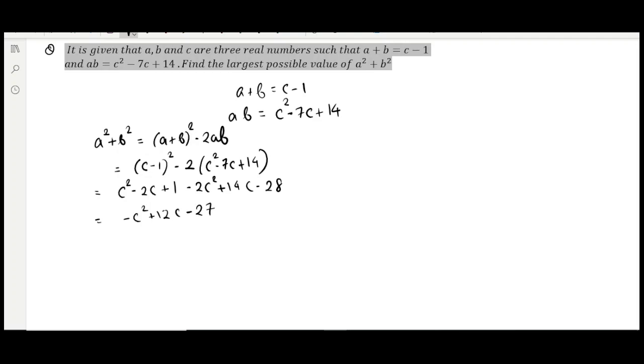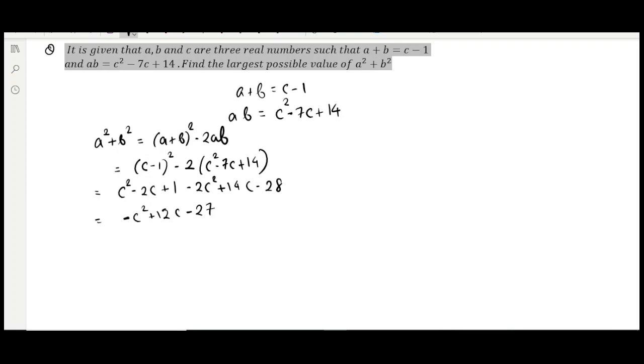So a square plus b square is nothing but a quadratic in c. Generally, how do we find the maximum value or minimum value of a quadratic? It depends on a, that is, ax square plus bx plus c depends on a.